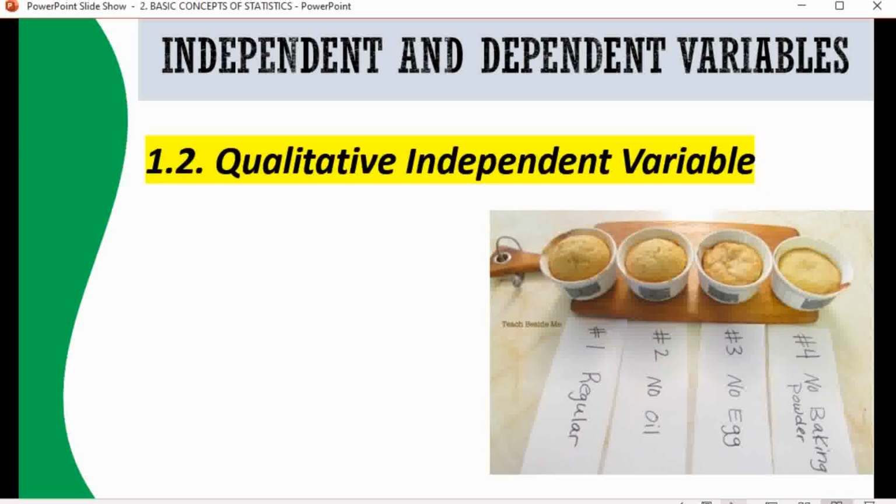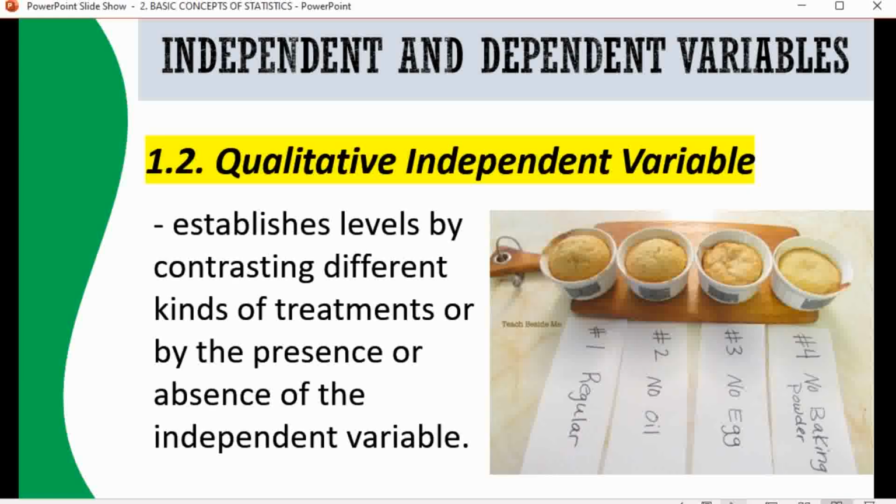Its opposite is the qualitative independent variable, where it uses different treatments or different kinds of treatments. So the example earlier was just a variation of the amount. In this case, you will really have to give a different treatment. For instance, you would like to know which of these cooking ingredients would make your baking better.